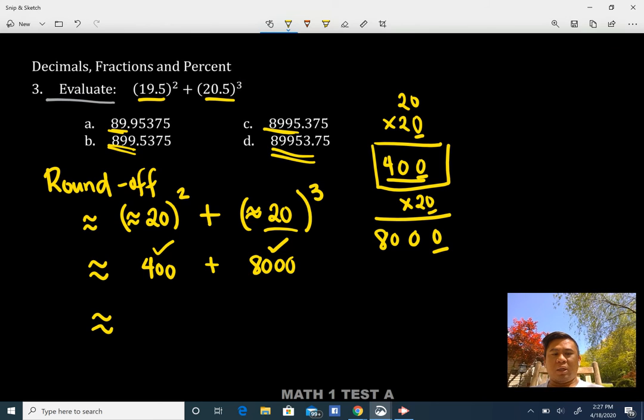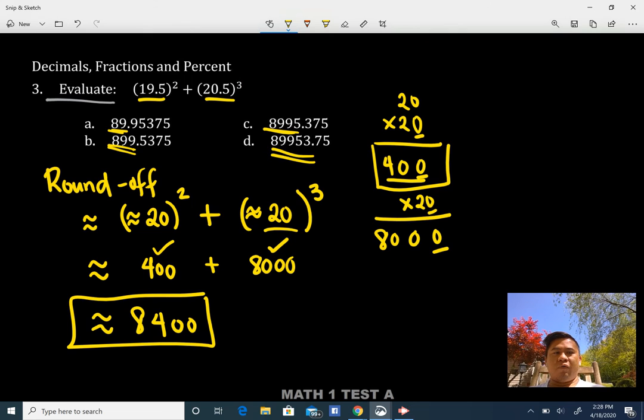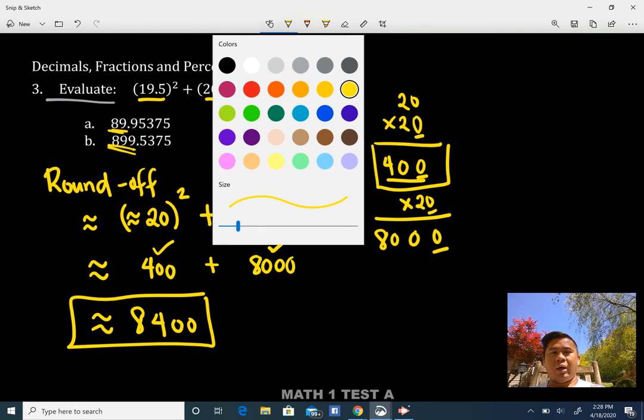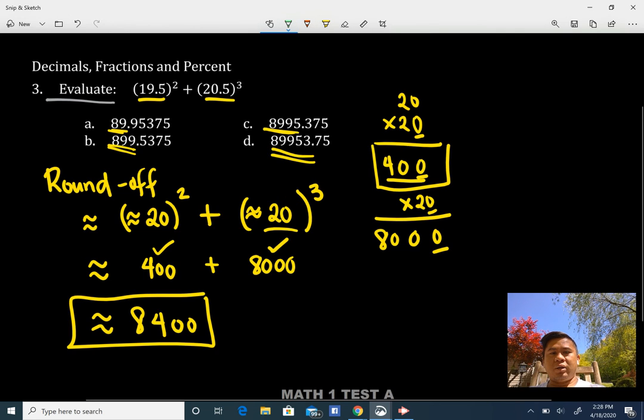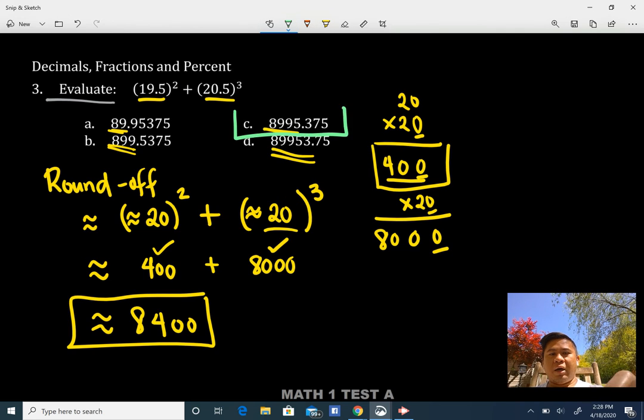So in this case, I would approximate my answer to be more or less 8,400. And seeing in here which among the following answers is nearest 8,400, hence I would have my final answer in here to be letter C.